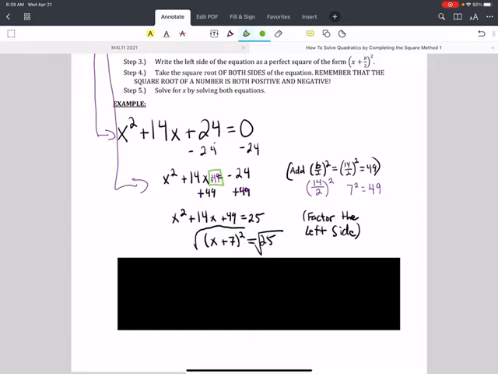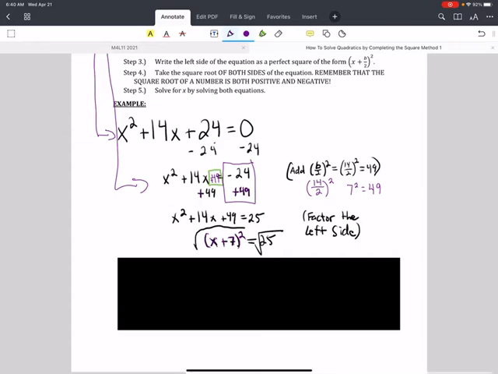We got 25 because negative 24 plus 49 is 25. And x plus 7 squared is how we complete the square on the left side.